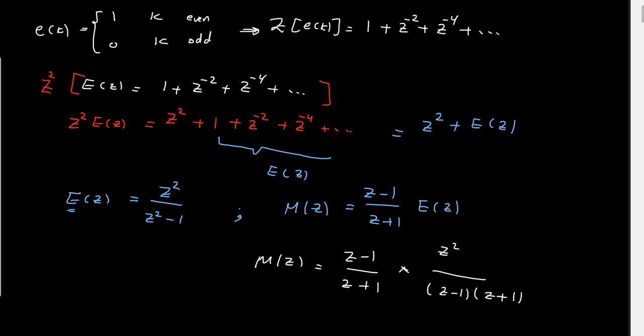So z minus 1 will cancel the z minus 1, and we will end up with z^2 over z^2 plus 2z plus 1. So now we have M(z) in terms of z.